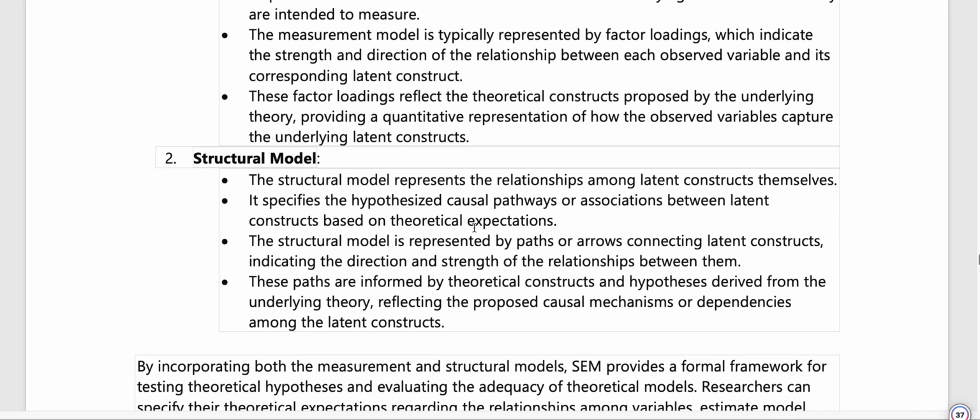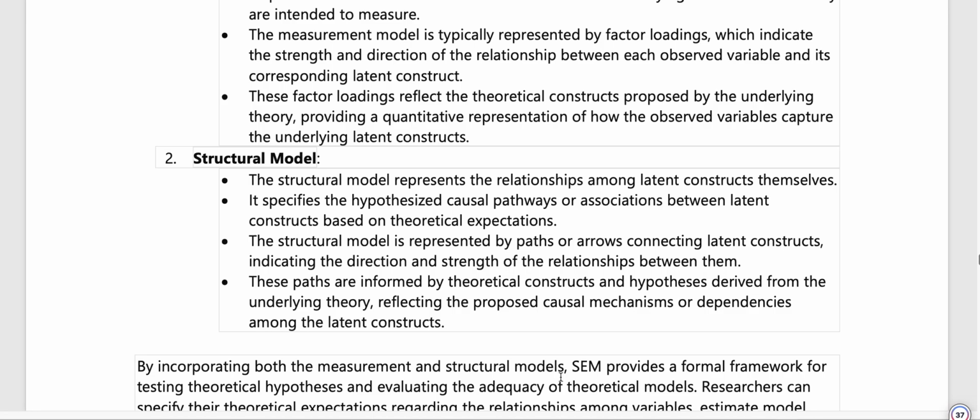Let's talk about the structural model. The structural model represents the relationships among the latent constructs themselves. It specifies the hypothesized causal pathways or associations between the latent constructs based on theoretical expectations.